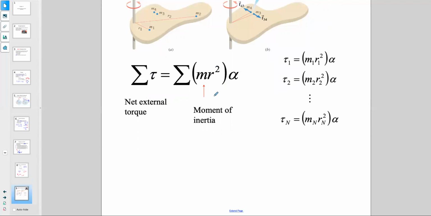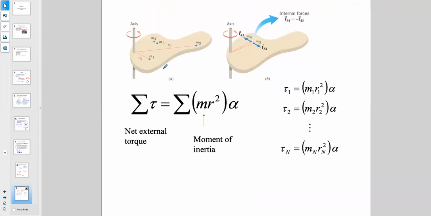In other words, the total torque is the torque on object 1 plus the torque on object 2 plus the torque on object 3, and so on and so forth. So I have to add all of these up, tau 1, tau 2, tau 3, and all the way to the last one, tau n.